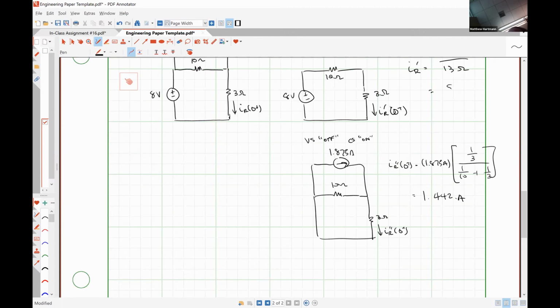Here we had 8/13 of an amp. If we add those together, we get IR at 0 plus, which is IR prime plus IR double prime, about 2.057 or 58 amps.